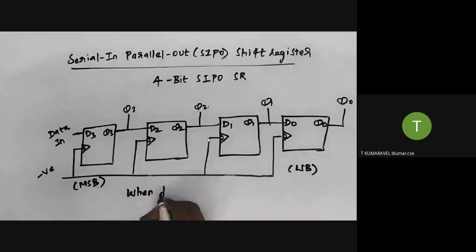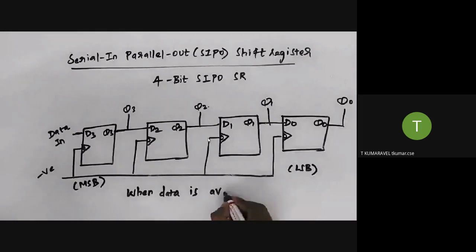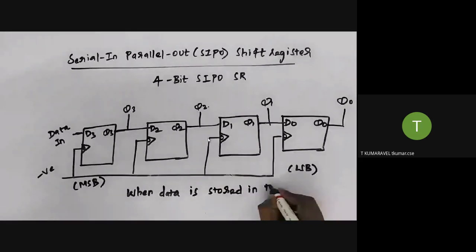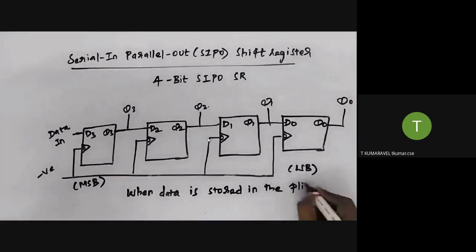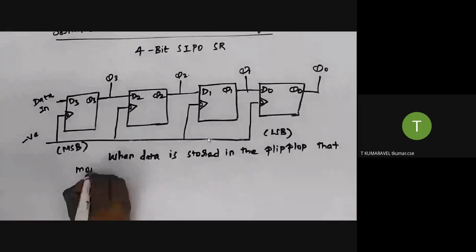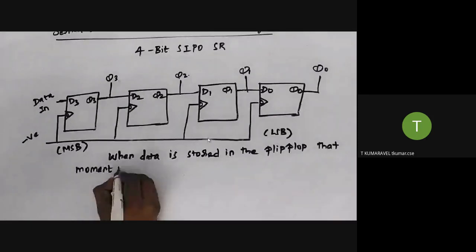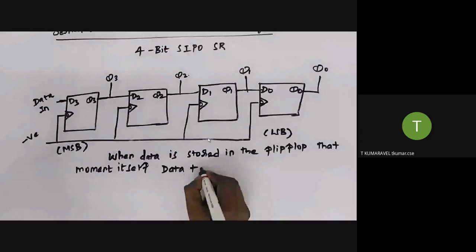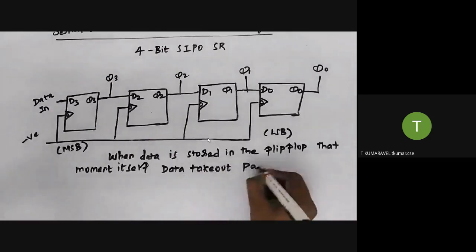When the data is available, stored in the flip-flop, at that moment itself, take the data out in parallel. That is the functionality of serial and parallel.